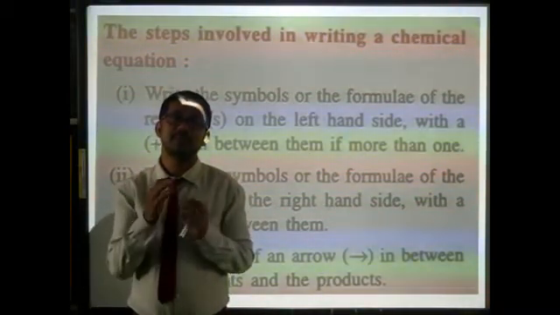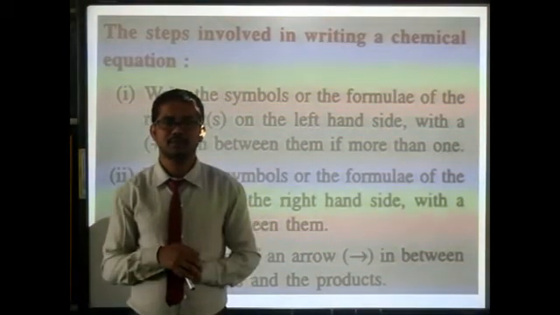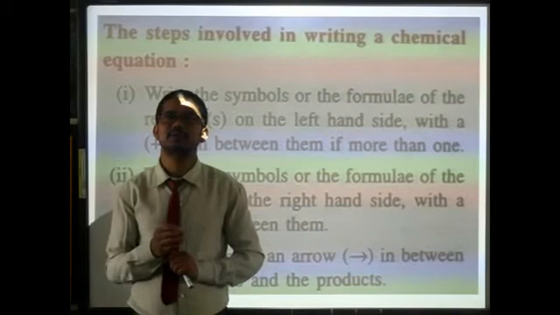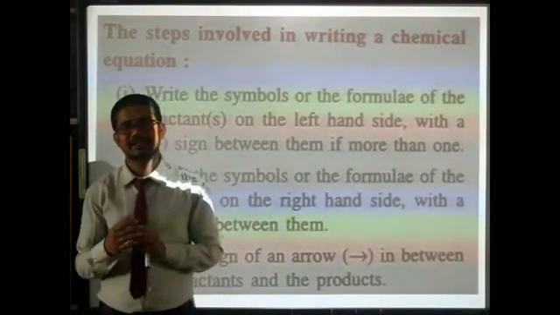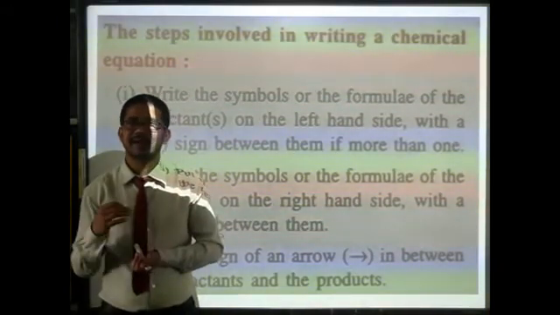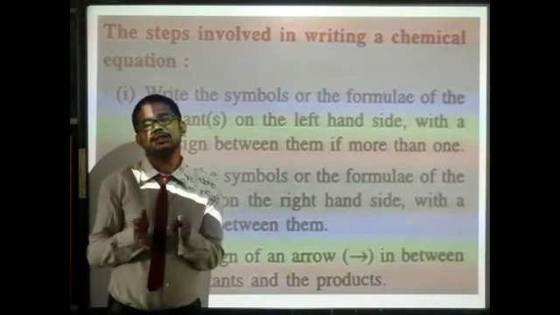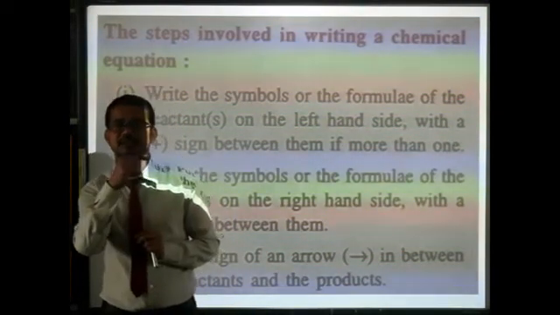So while writing a chemical equation, the first step is to write the symbols or formulae of the reactants that take part in the chemical reaction. And if there is more than one reactant, we put plus.